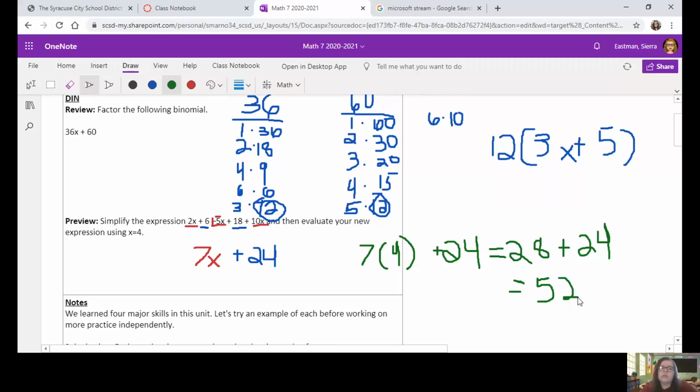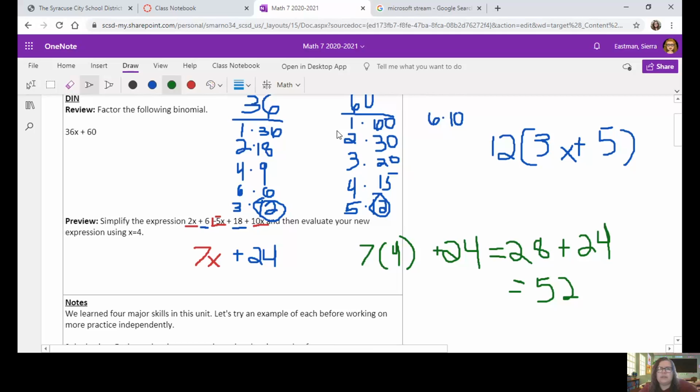All right, so what we just did is 3 out of the 4 skills that we learned in this unit. We did substitution, okay, plugging in a value. We did simplifying, okay, taking an expression and making it into its simplest form. And we just practiced our factoring.